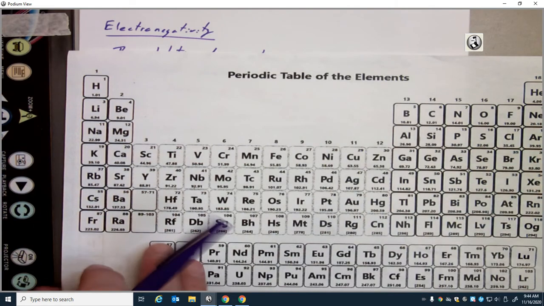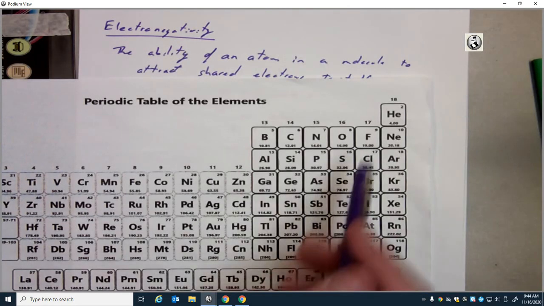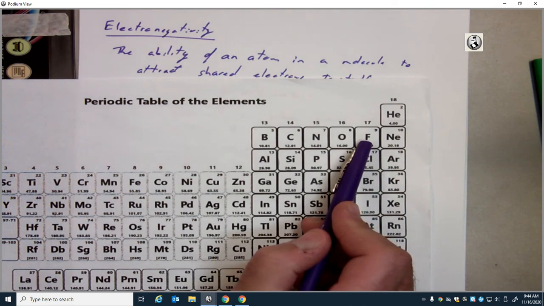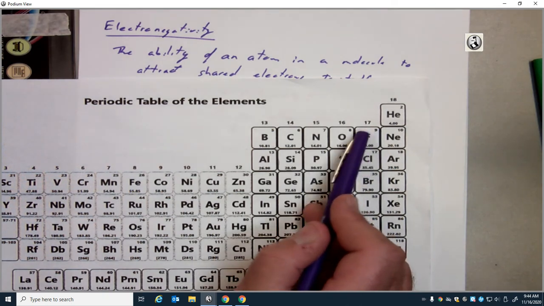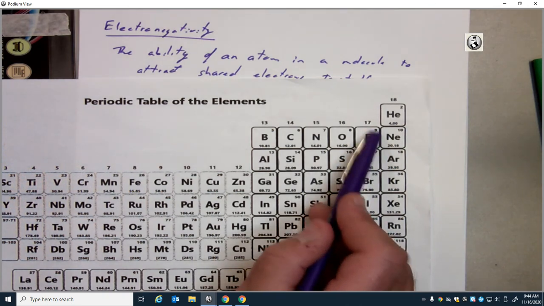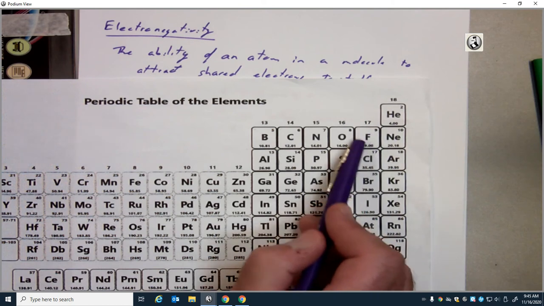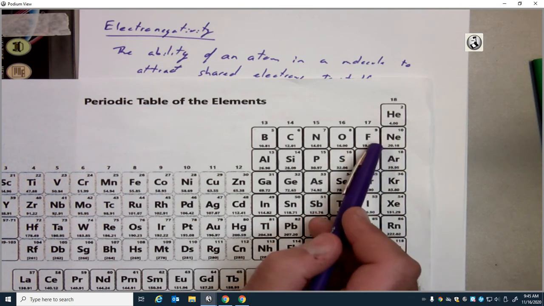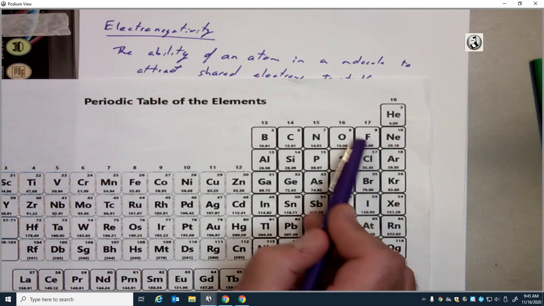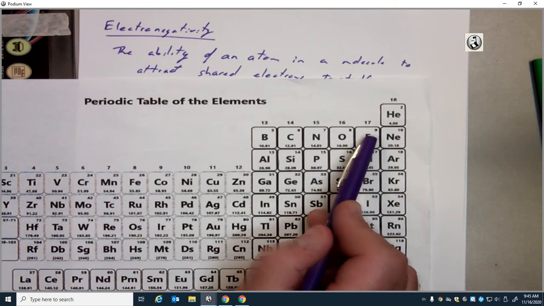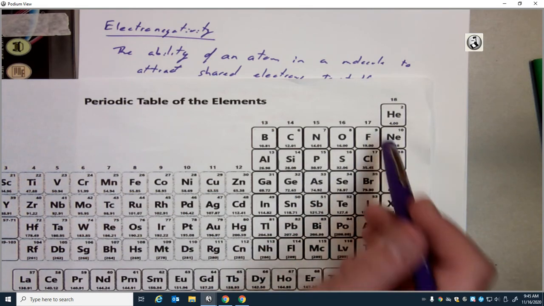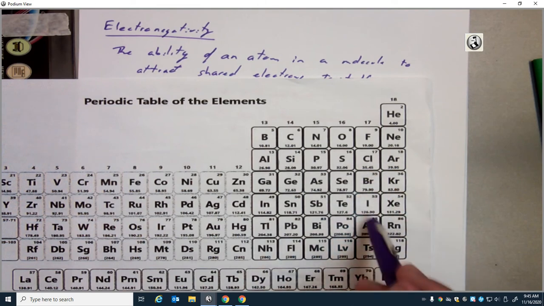Over here, on the other side, remember, fluorine is our most nonmetallic element. It wants to gain electrons. So fluorine has the highest electronegativity value of 4.0, and it slowly decreases as we come down here.